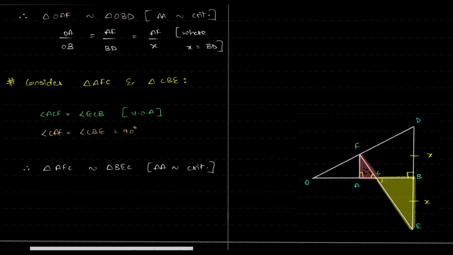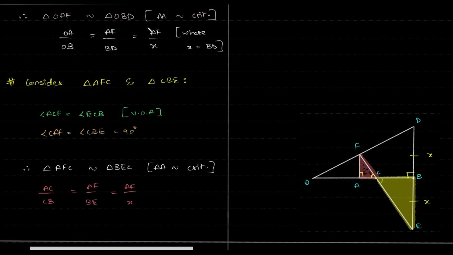Here too, we'll just write the relationship between this length and AF and BE. So we have AC by CB is equal to AF by BE, which in turn is AF by X itself, right? BE is equal to BD, and so this also will be X.